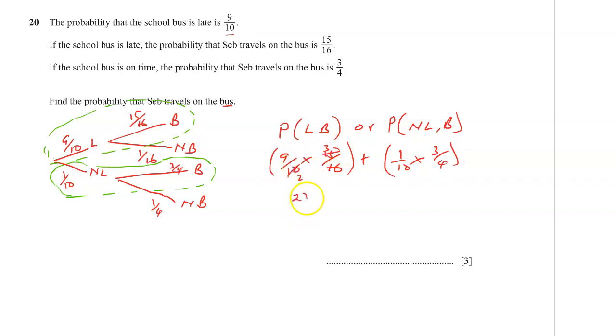So this will give us 27 upon 2 times 16 is 32, plus 3 over 40. When you calculate nicely and simplify, the answer is 147 upon 160 right there.